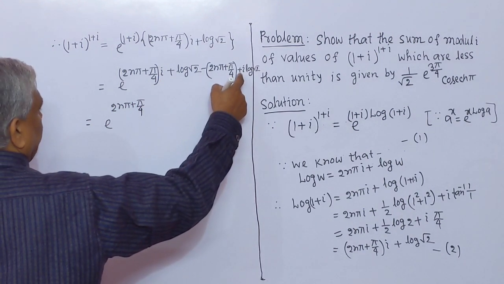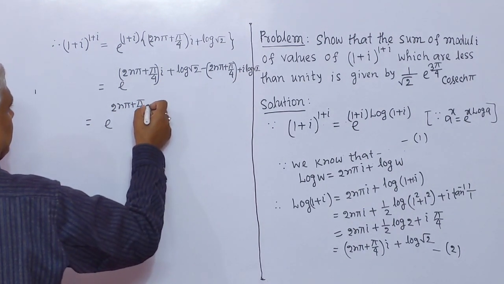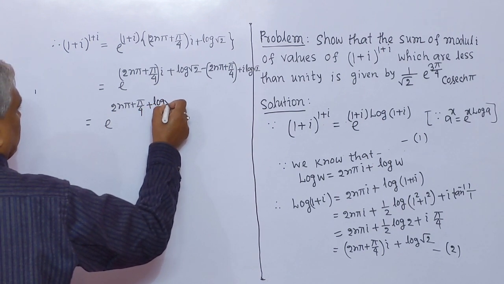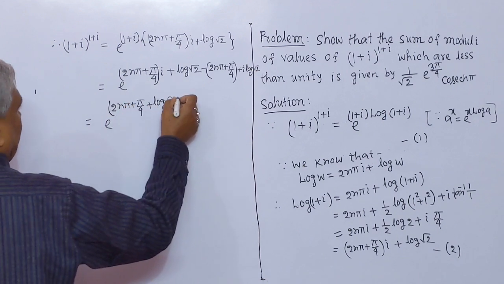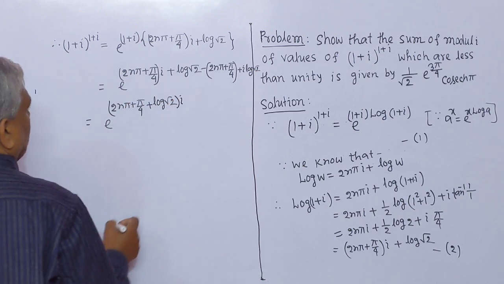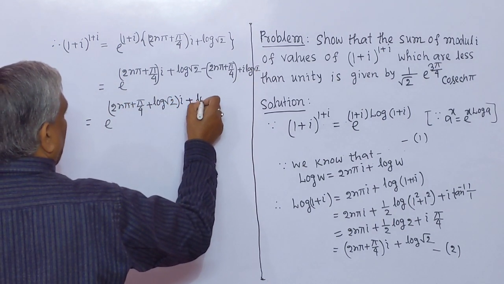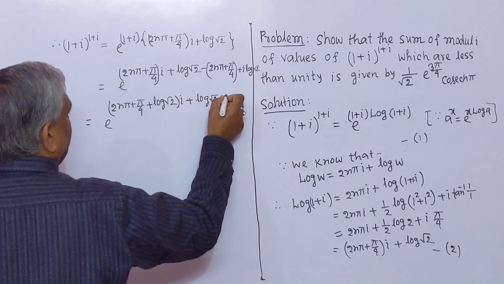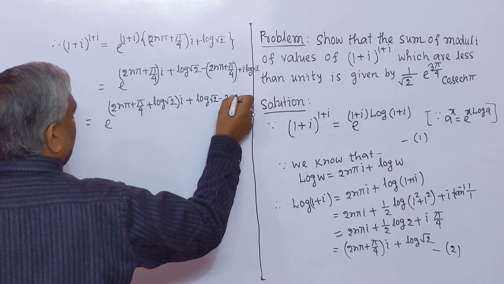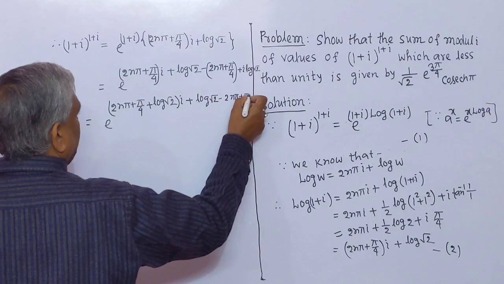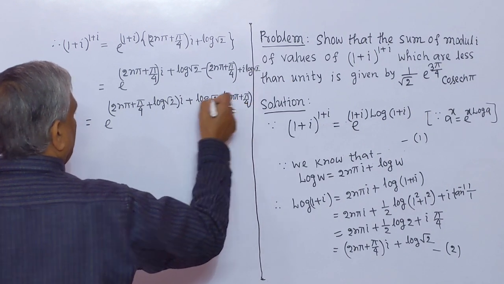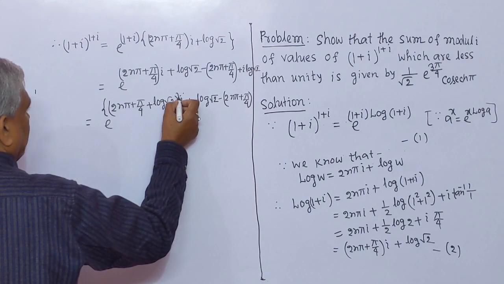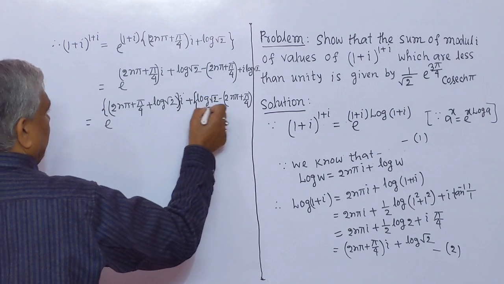Here we also have i, so we take i common: i (log square root 2 plus log square root 2) minus (2n pi plus pi by 4). Let this be one bracket and this another bracket.